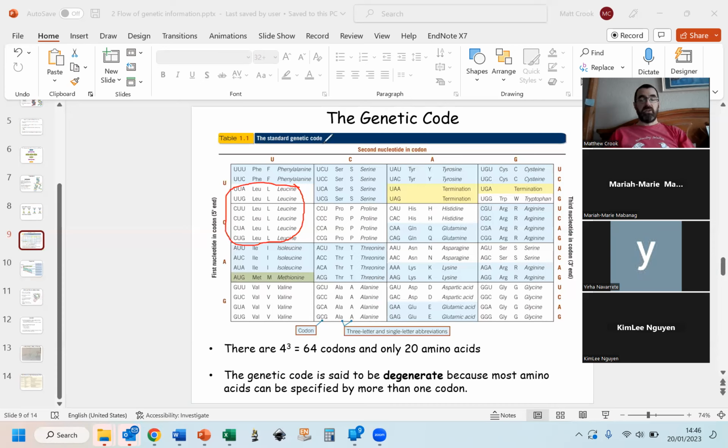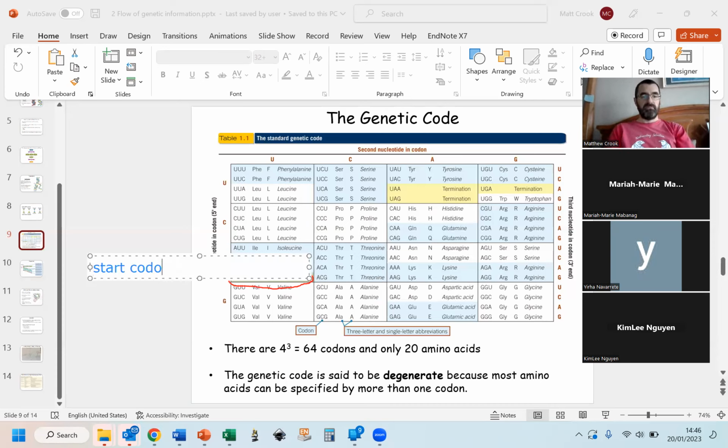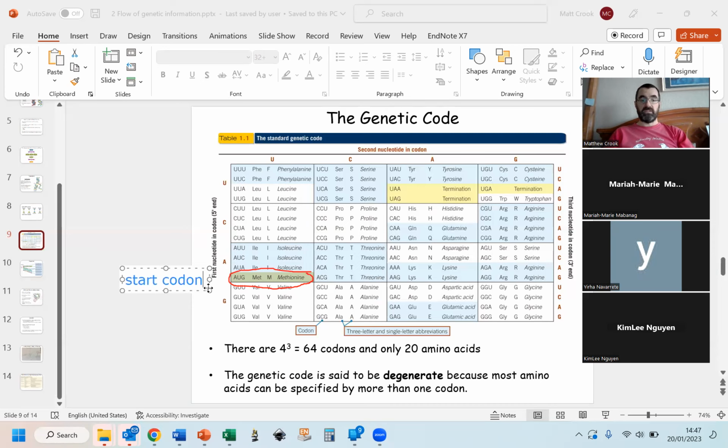The exceptions to that are methionine, which is what's called the start codon. So it's at the beginning of every single protein produced, whether it's prokaryotic or eukaryotic, viral, whatever.